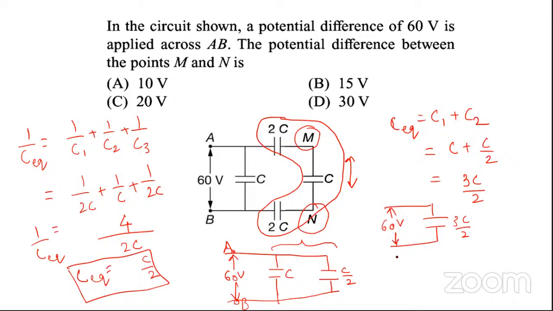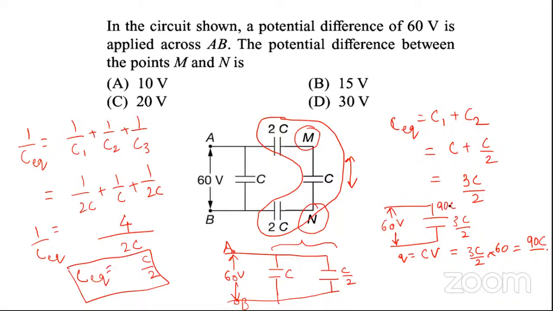Now we have the simple formula Q equals C into V. That gives us 3C by 2 multiplied by 60. That is 90C. Alright, that means 90C charge has been given by the potential.